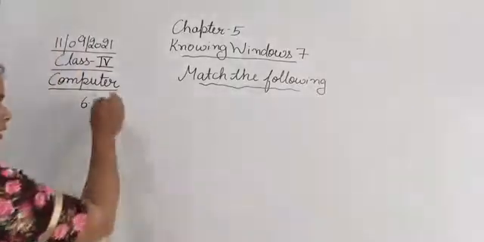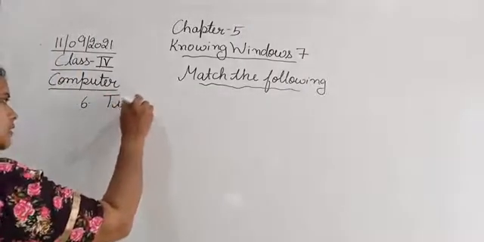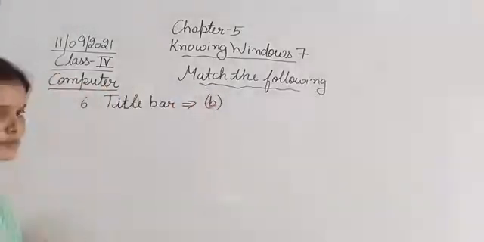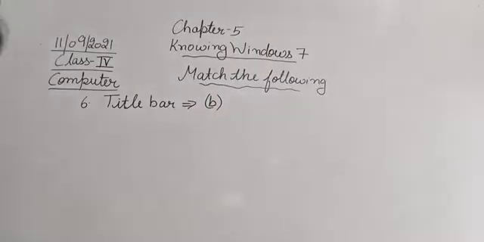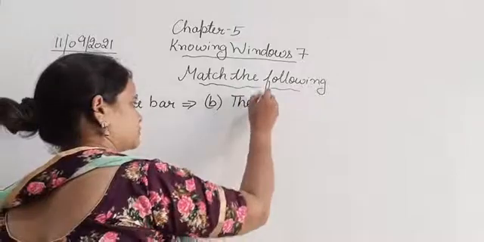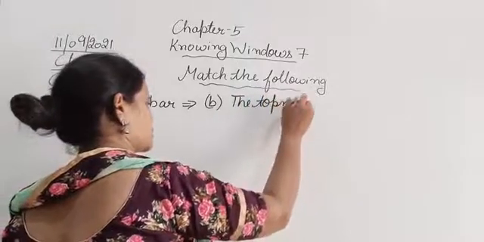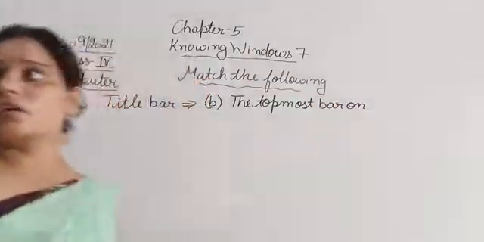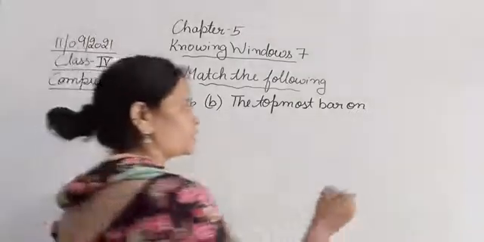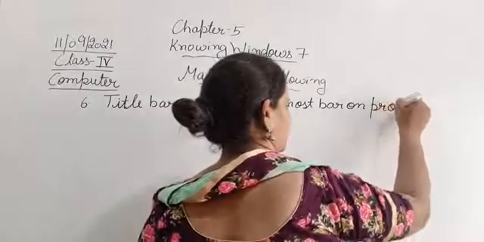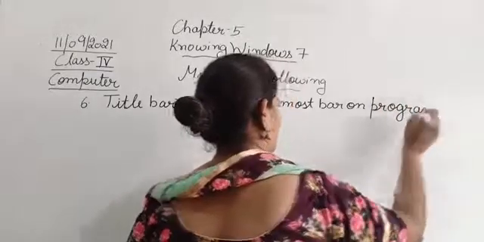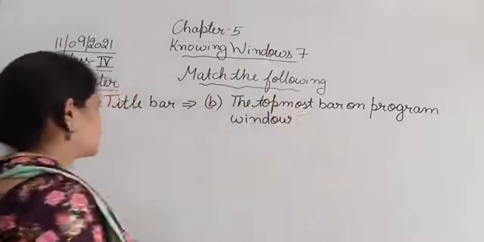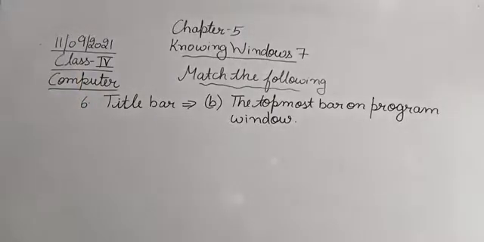That is option number B. Title bar, option number B. So what is title bar? That is the topmost bar on the program window.